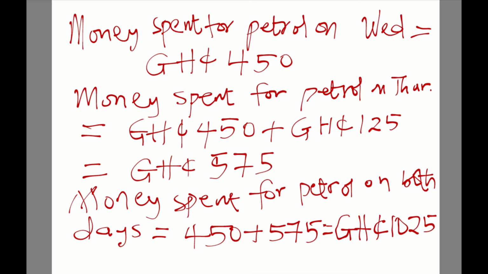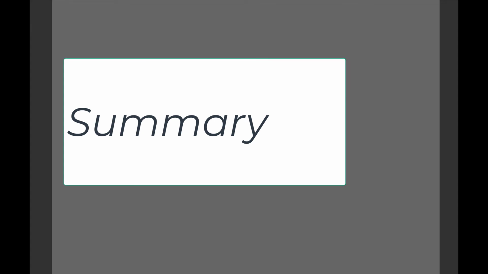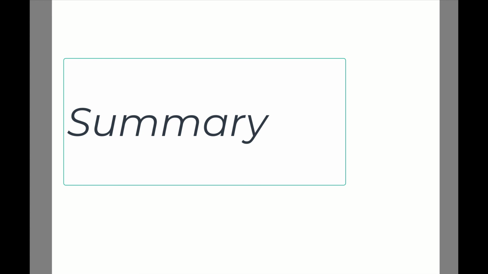So in summary, if you have a word problem involving addition, the keywords you are going to hear are more than. If a number is more than another number, to get the other number, we add, like we saw in this question. The money spent for petrol on Thursday is 125 more than what was spent on Wednesday.